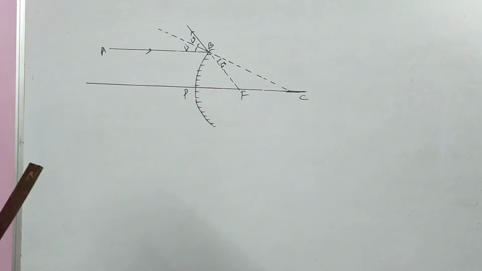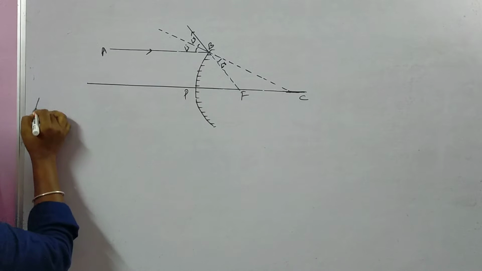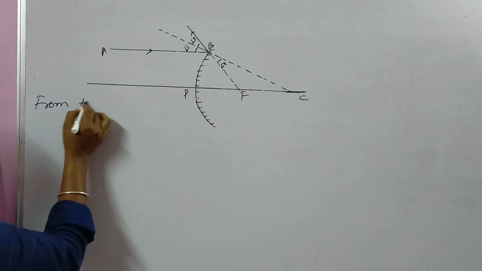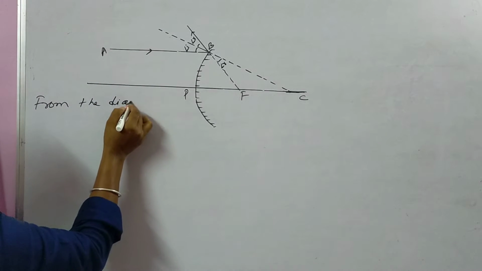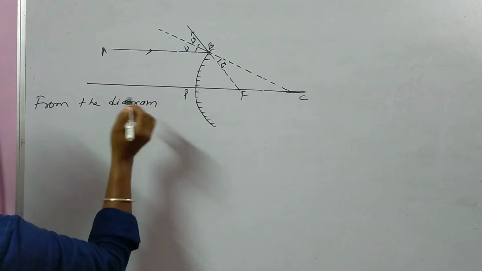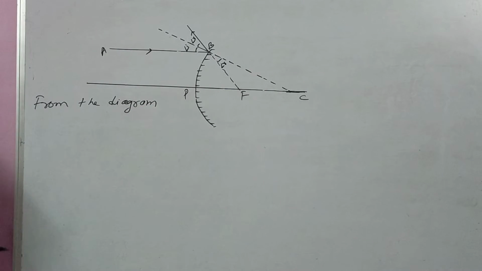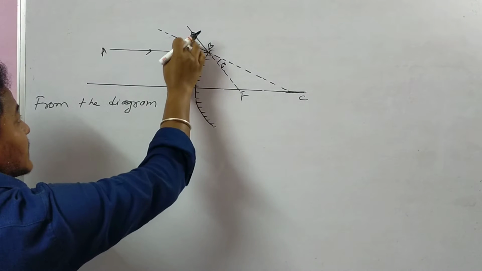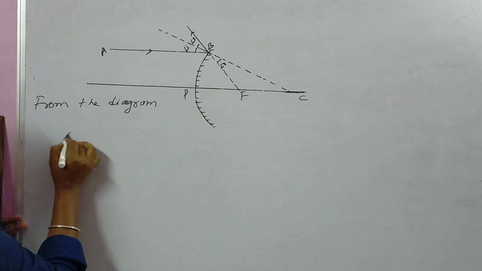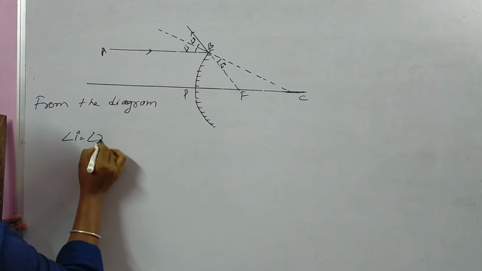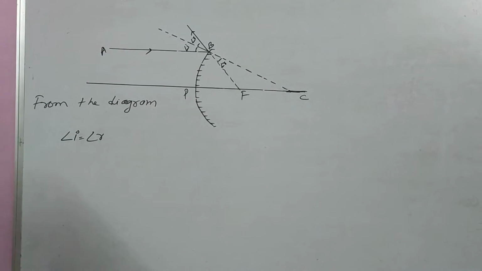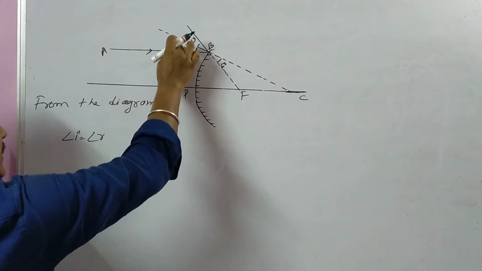So from the diagram, first thing you can write is that angle I is equal to angle R. Angle I is equal to angle R.